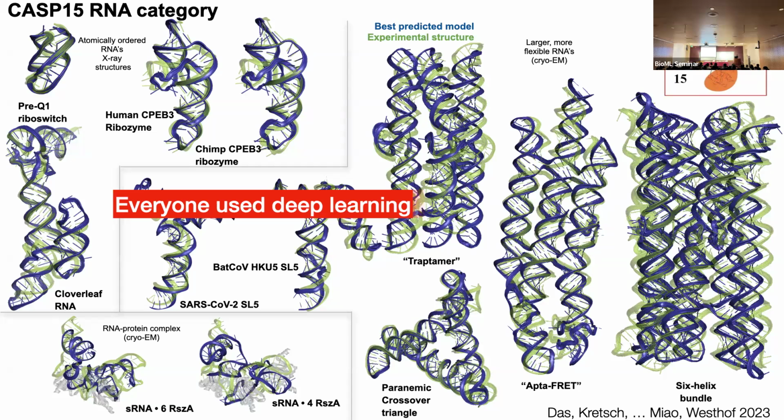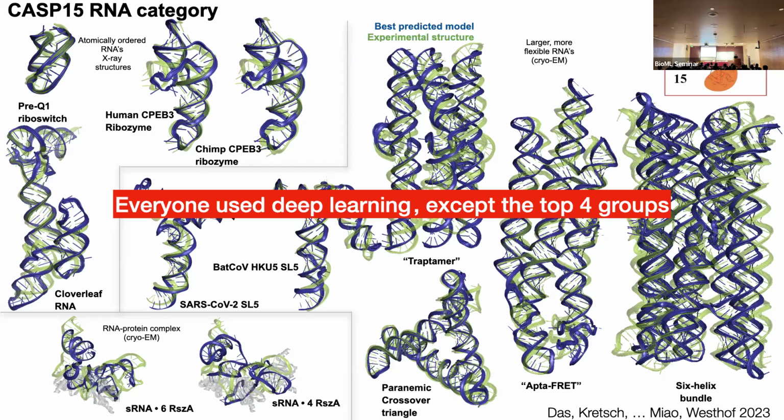Everyone except the top four groups. Those are the groups who provided all the models that I'm showing you here on the slides. In fact, those folks actually intentionally avoided deep learning approaches and used their own expert intuition, as well as classic computational approaches that my lab and other labs had been developing for the prior decade or so.